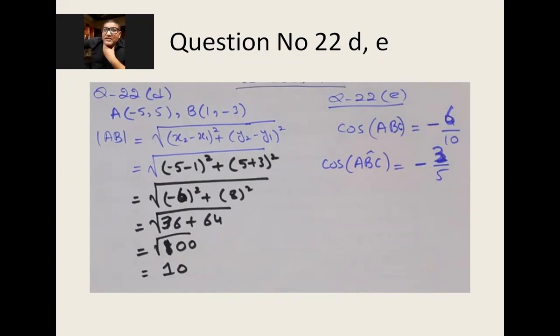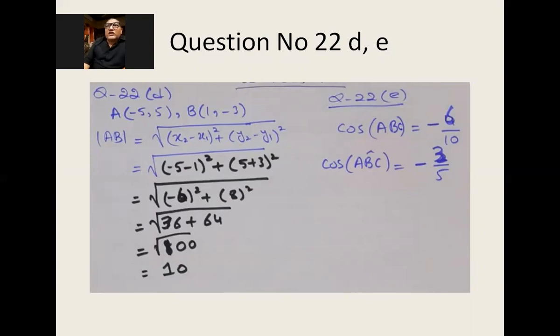So I will put just the values: -5 minus -1 whole square plus 5 minus -3 whole square. So it's -4 whole square... -6 whole square plus 8 whole square. 36 plus 64 will be 100. When you take its square root, that will be 10. So the length of AB will be 10.